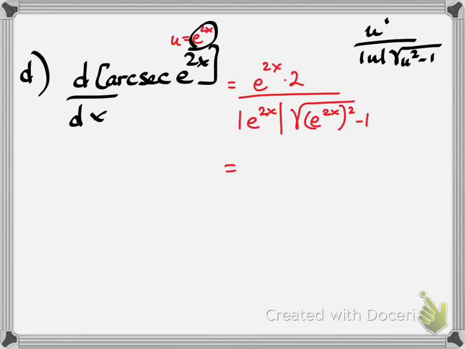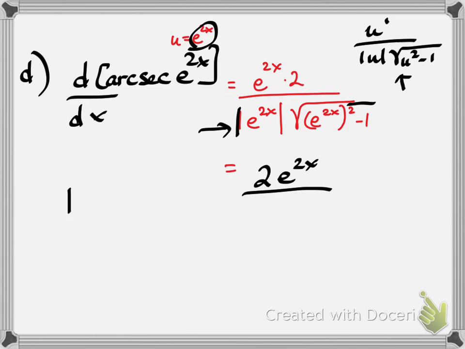I meant absolute value, and then the square root of u squared, so we had e to the 2x squared minus 1. So that numerator is 2e to the 2x. Let's discuss this for a second. Are there any values that x could take on that would cause what's in the absolute value bars to be negative?